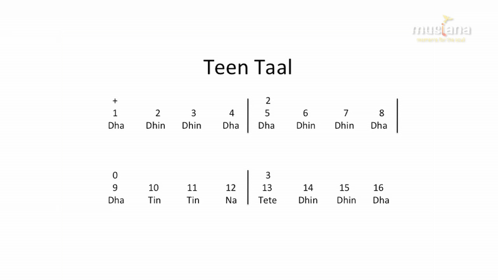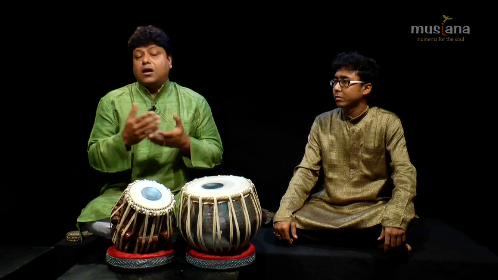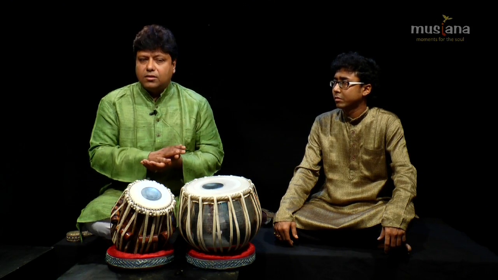Like 1, 2, 3, 4, 2, 2, 3, 4, and then 3, 2, 3, 4, and 4, 2, 3, 4. And how we keep the taal is 1, 2, 3, 4, 2, 2, 3, 4, 3, 2, 3, 4. This is the way we show the Khali.